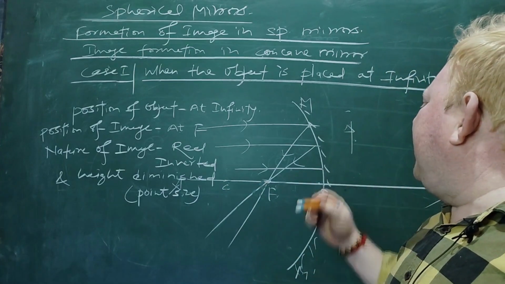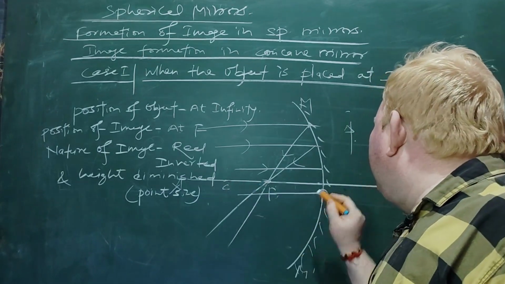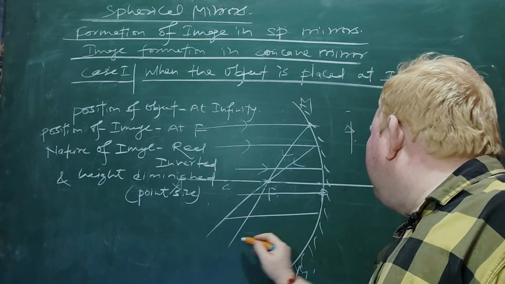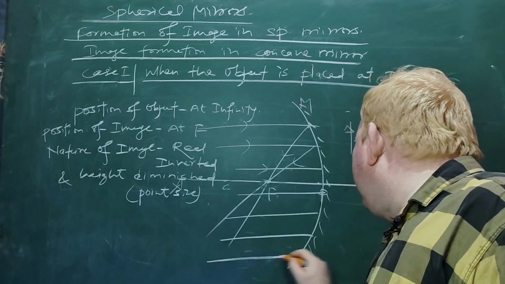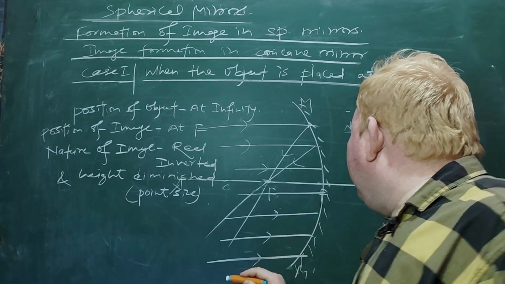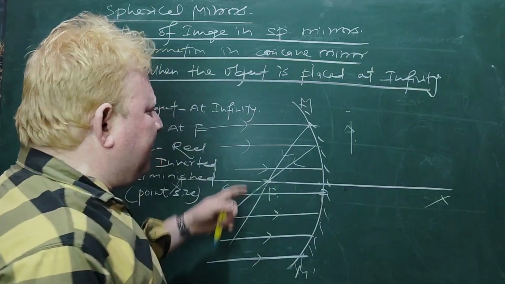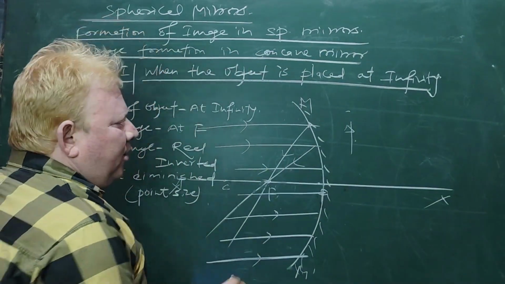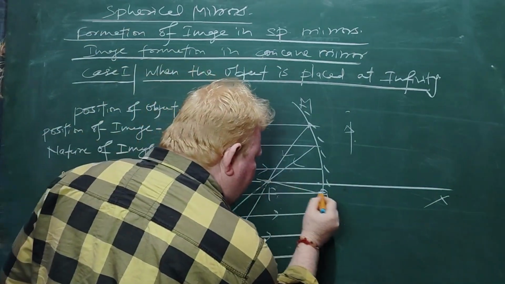See, one more ray I have taken. One more ray. One more ray. So these many rays we have taken, and these rays all are parallel to the principal axis. After reflection, all will be passing through the focus only.